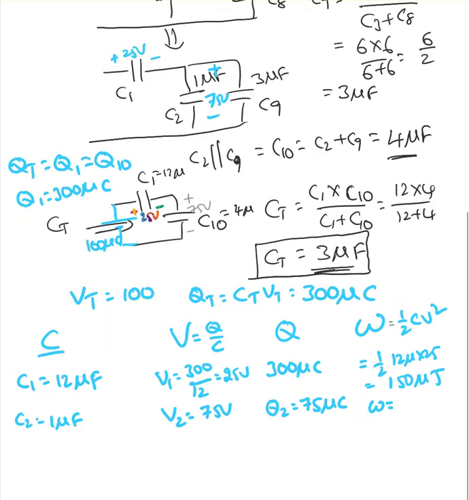And work done or energy stored equal to half CV square, half times C times 75 square. So this is 1 micro.